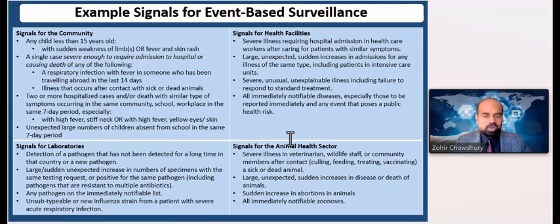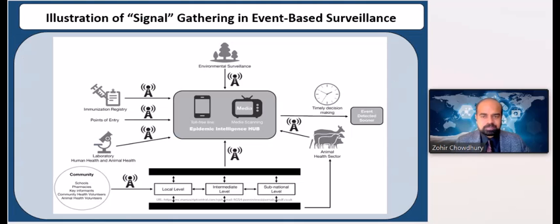And then, of course, a whole host of signals that can come from the media, etc. Essentially, you're really looking at potential health events that can pose a threat, and you want to identify these before they become a big threat by capturing all of this information as shown in here, and this is known as the signal.